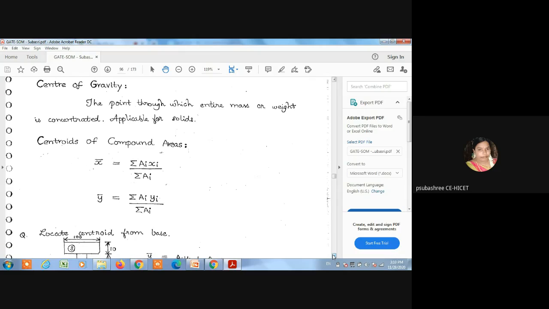Area means centroid; mass or weight means center of gravity. What is the formula for calculating centroid? x̄ = Σaixi/Σai and ȳ = Σaiyi/Σai. Here ai means area, x is the horizontal dimension, y the vertical dimension. x means breadth, y means depth.